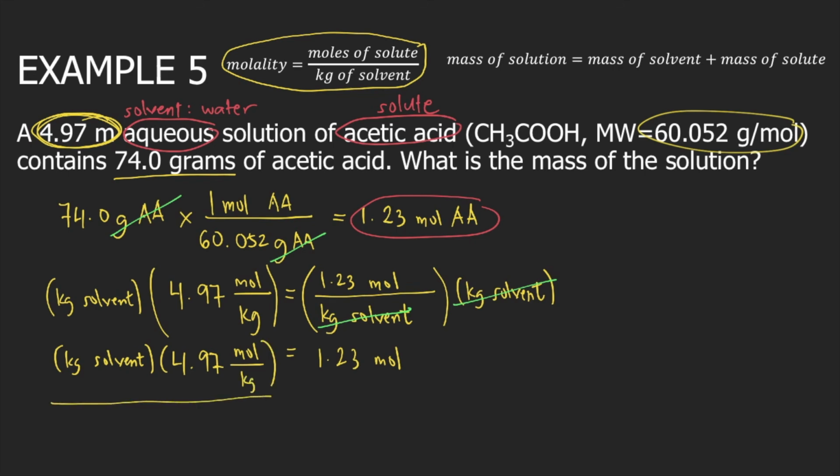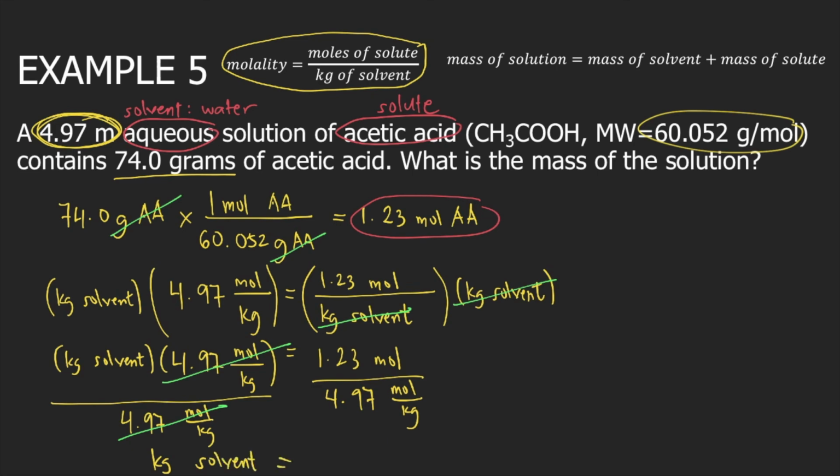Then divide both sides by 4.97 mole per kg. So on the left side, 4.97 mole per kg will cancel out. So what remains on the left side is the kilograms of your solvent.